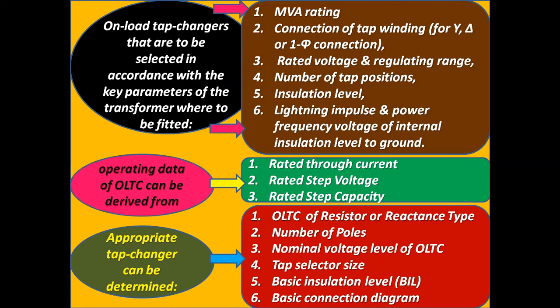Number 2, number of poles. Number 3, nominal voltage level of OLTC. Tap selector size. Basic insulation level, that is BIL, and basic connection diagram.